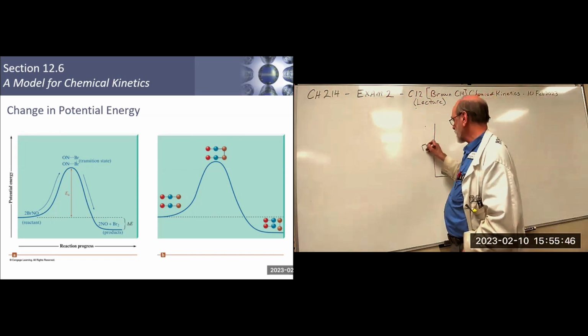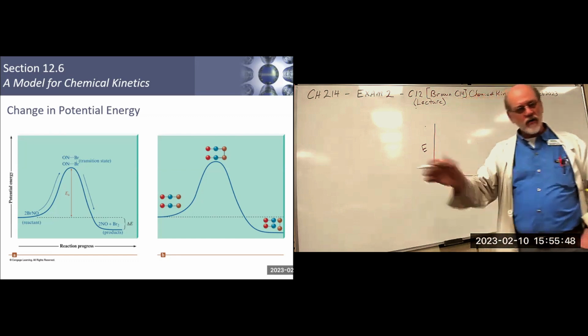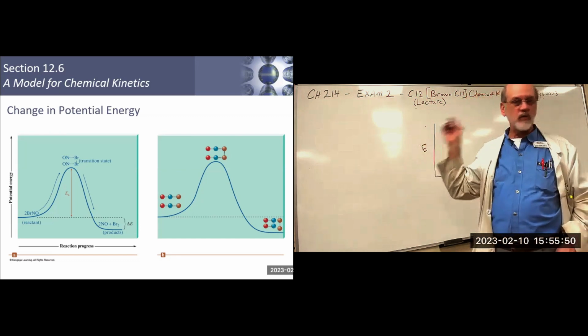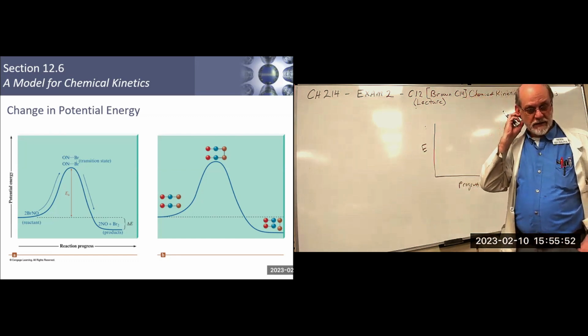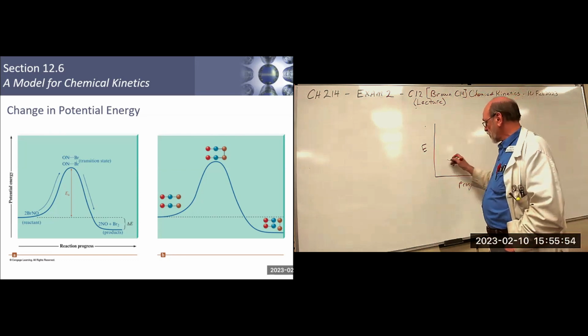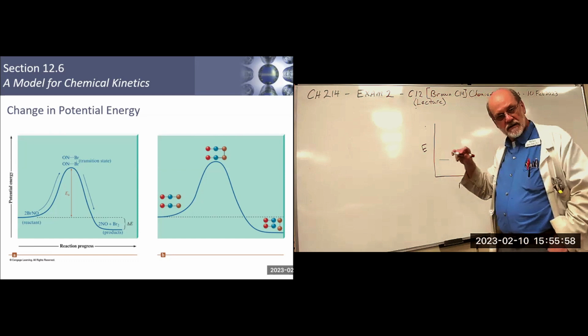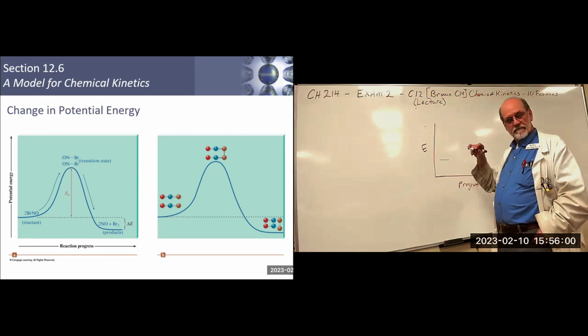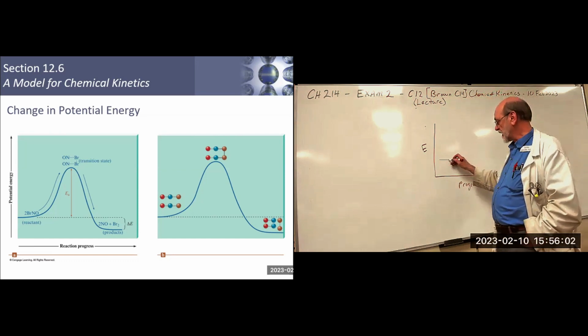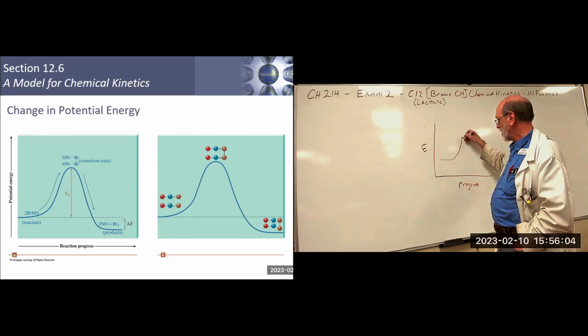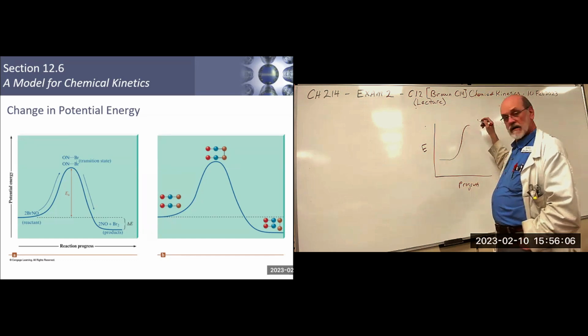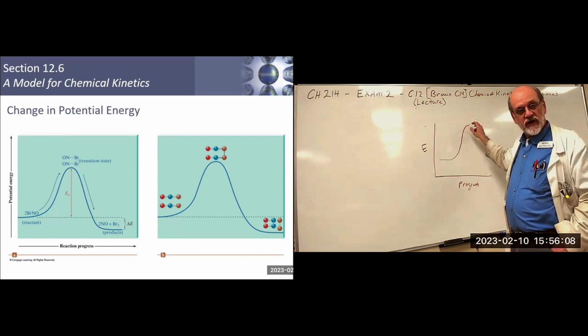And this is energy. Energy of all the reactants, all the products, and anything in between. Okay, so if we start off with reactants here, and we heat them up where they get enough energy there. At this point, they're in a transition state.